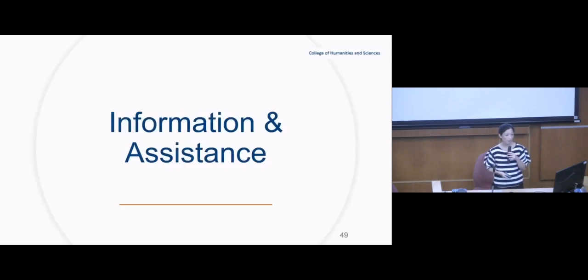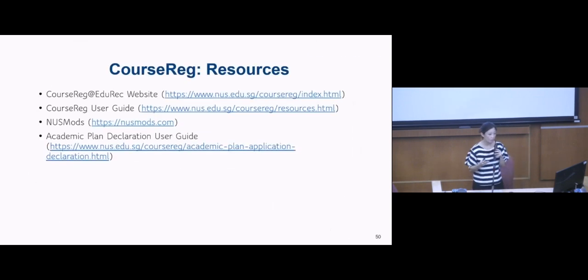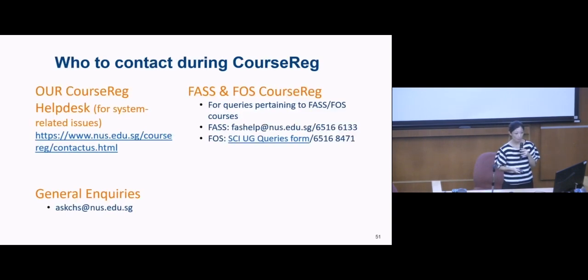Everything that I've discussed, you can find out more information through these links. If you have any questions, you can either find it on this website, or call these numbers or email these email addresses.